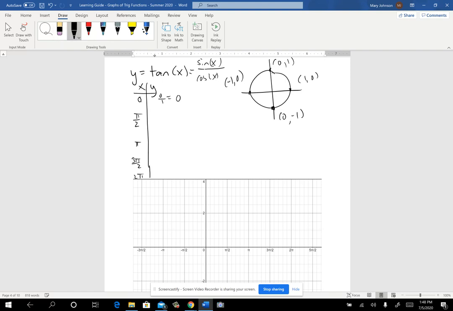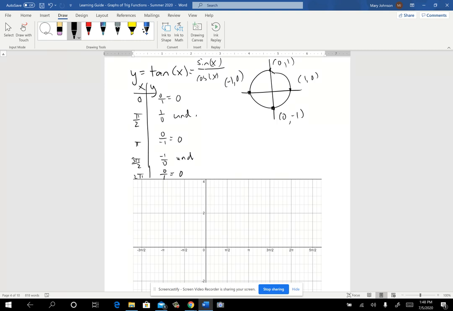When we do pi over 2, it's going to be 1 over 0, which is undefined. When we do pi, we're at 0 over -1, which is also 0. 3 pi over 2 is -1, but the 0 is on the bottom, so it's undefined. And with 2 pi, it's 0 over 1, so we're back at 0.